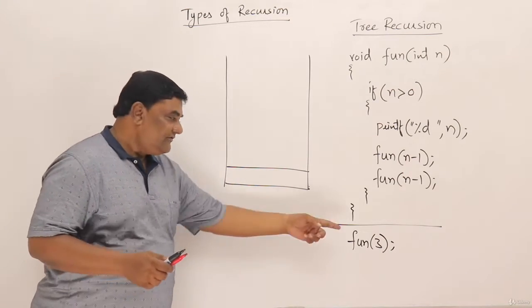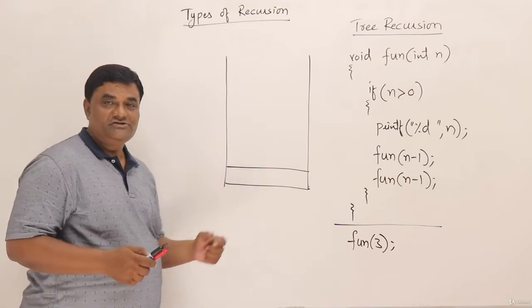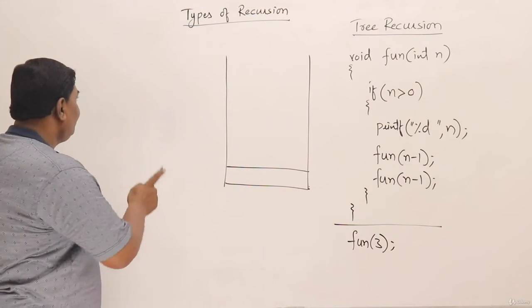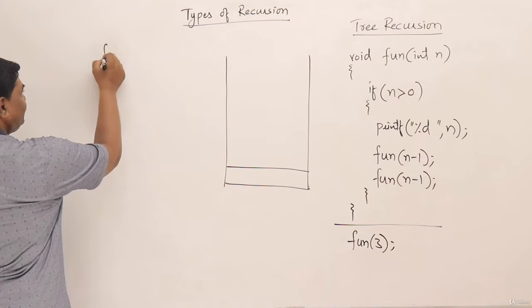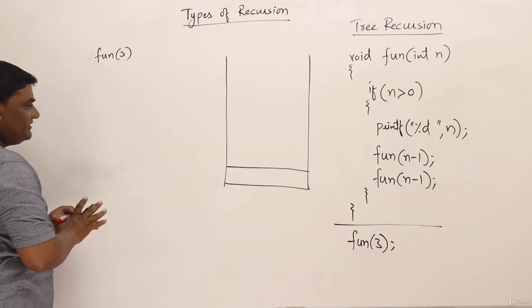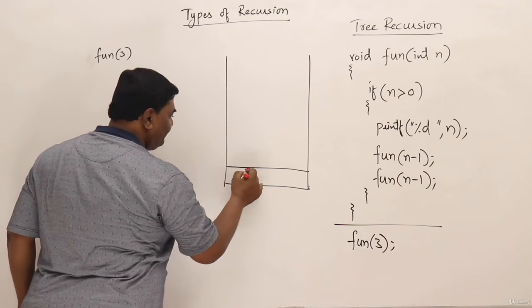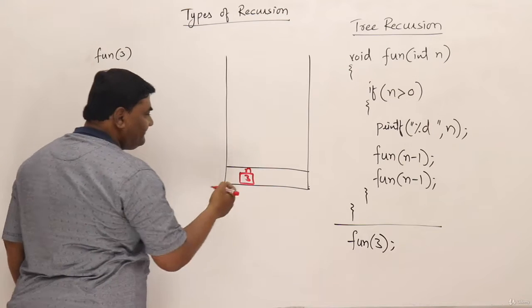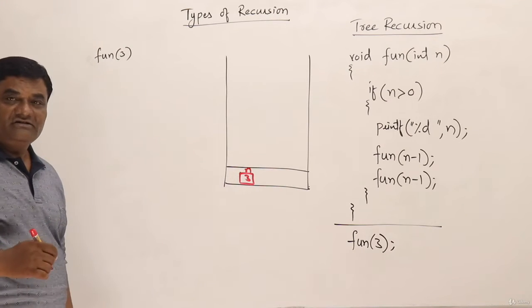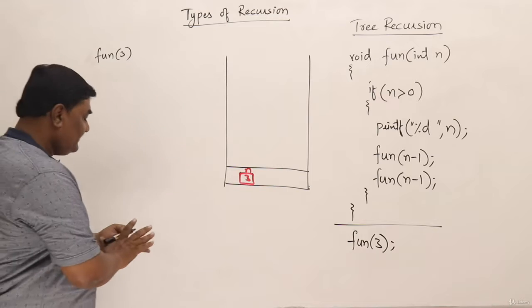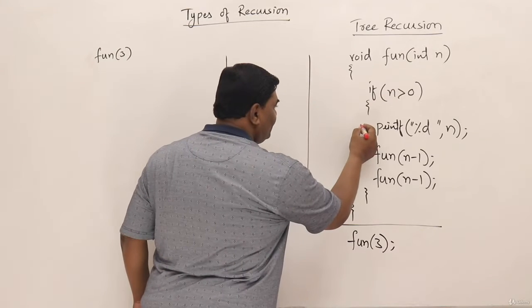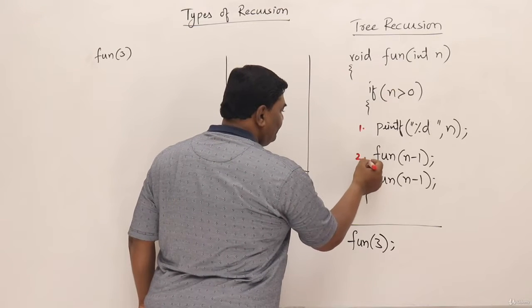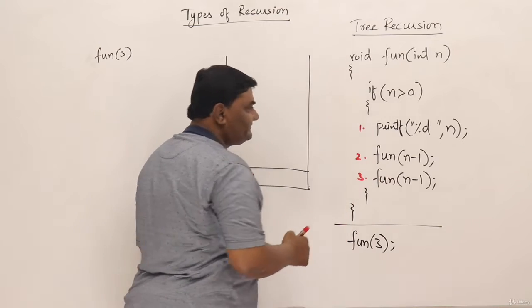Let us trace. First it is called by passing value 3. So the first call is fun of 3. For this function, an activation record is created and the value of n will be 3. This is the first record created. Then what are the steps it has to perform? First print the value, then make 2 calls.